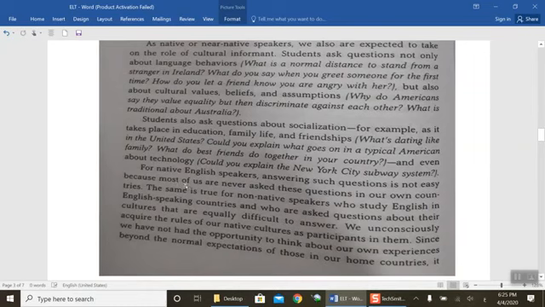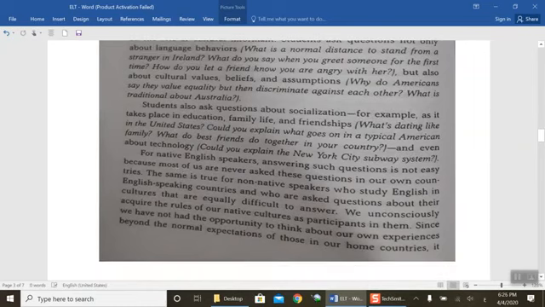For natives, students also ask questions about socialization, as it takes place in education, family life, friendships. So social, about life. What is dating like in the United States?